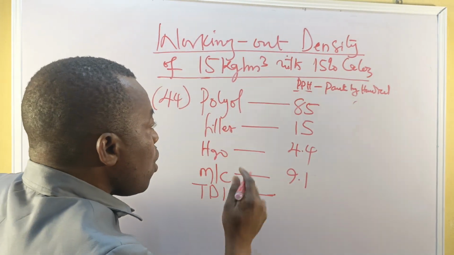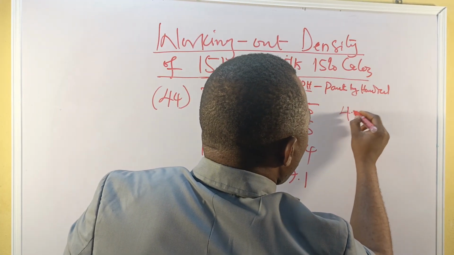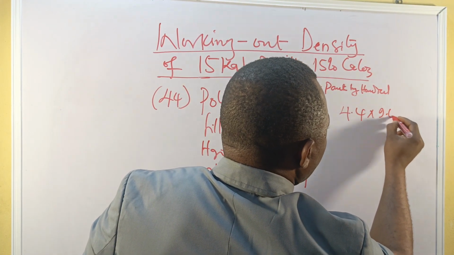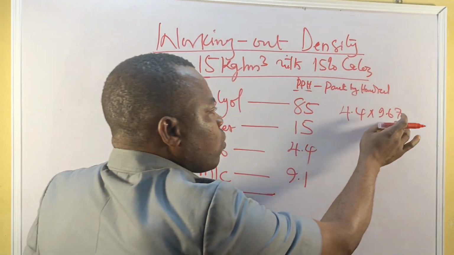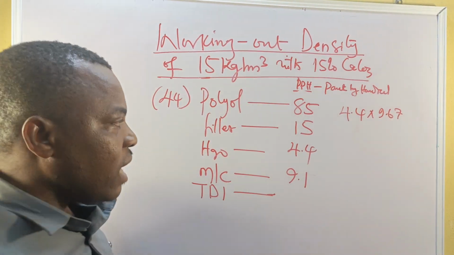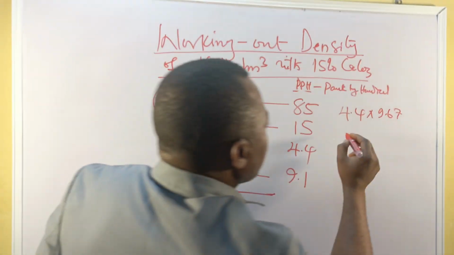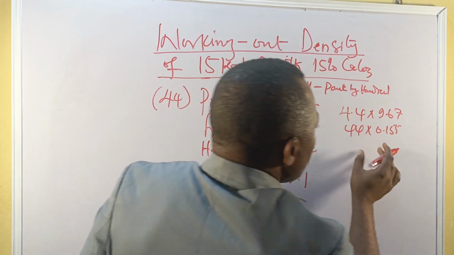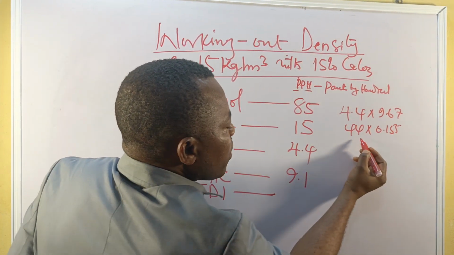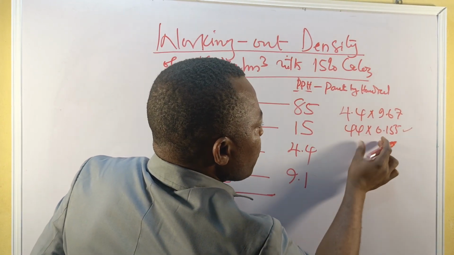Now, here water is 4.4, times 9.67. This is a constant. In my next presentation, I will show you how this constant is obtained. The hydroxyl value is 44, times 0.155. This is the amount equivalent to polyol.